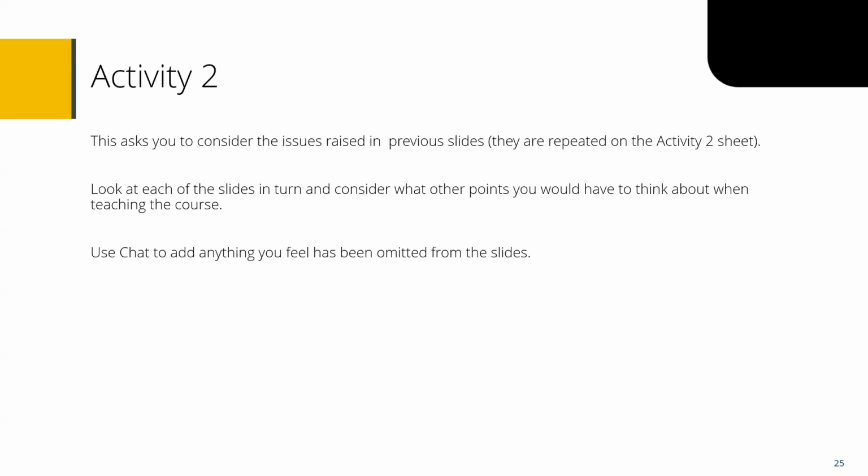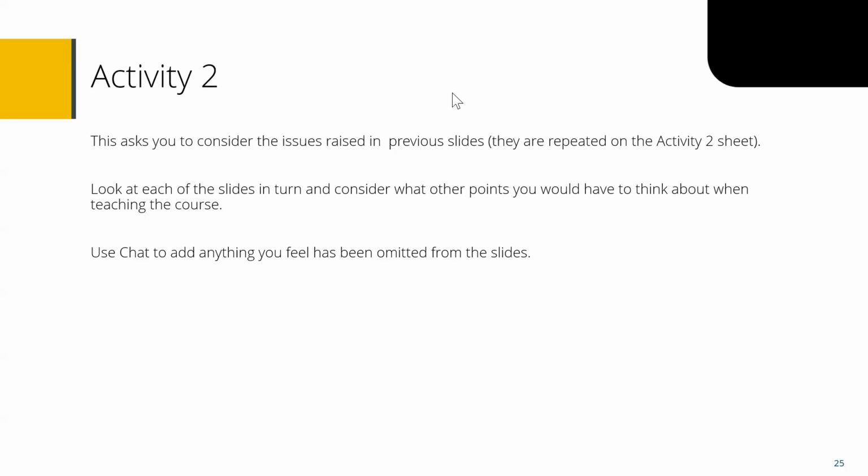Look at each of the slides in turn and consider what other points you should have to think about when teaching the course. So it's a nice reflective activity just for a few minutes. You can chat, you can put comments in the chat as well. Use chat to add anything you feel that has been omitted within the slides here. So I'll give you about 4 minutes to have a look.